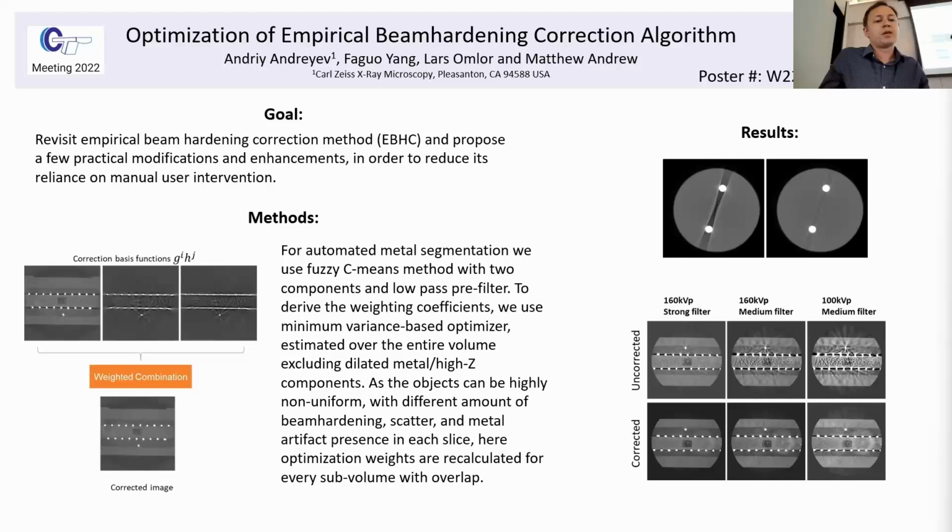Here we spend some effort to propose workflows that can make it a little more automatic without the need for manual parameter tuning. We also note there is some necessity to optimize it more on a sub-volume basis rather than try to perform global optimization.